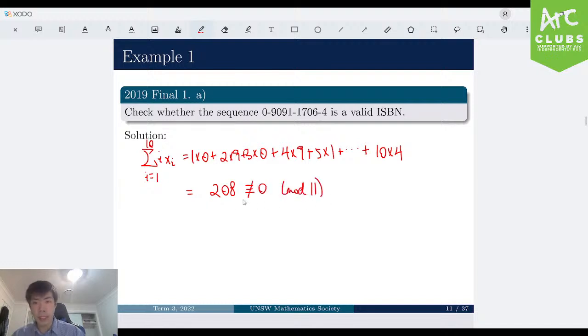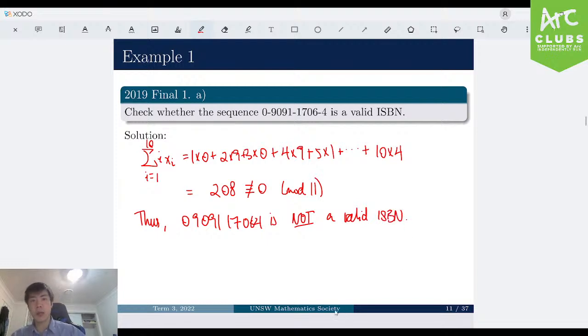In other words, this number is not divisible by 11. So clearly this code here is not a valid ISBN code, right? Thus 09091170064 is not a valid ISBN. Okay.